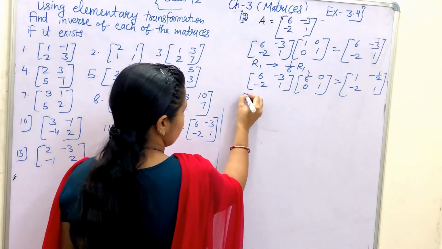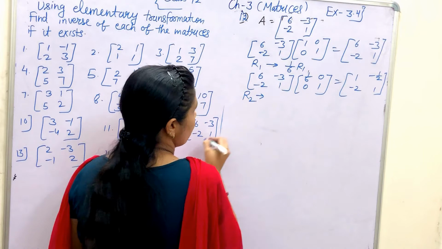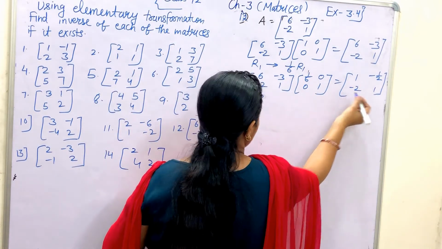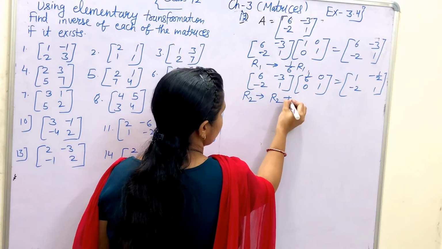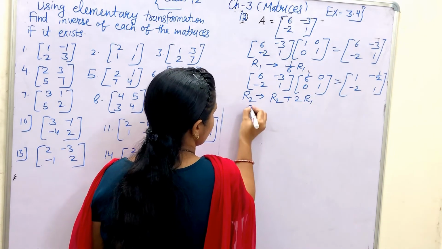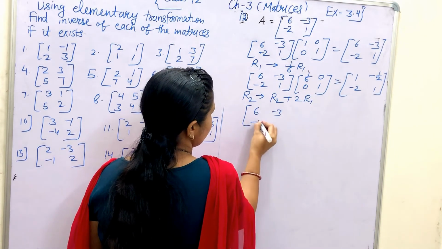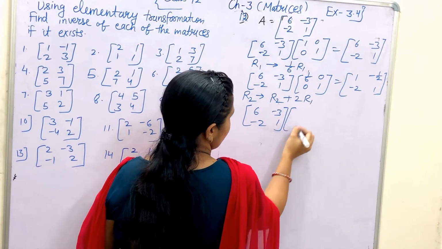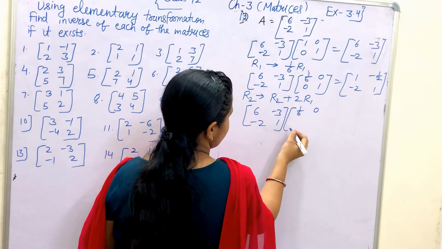Now applying on R2, multiplying R1 by 2 and adding to the second row, R2 plus 2 R1. R1 is as it is.